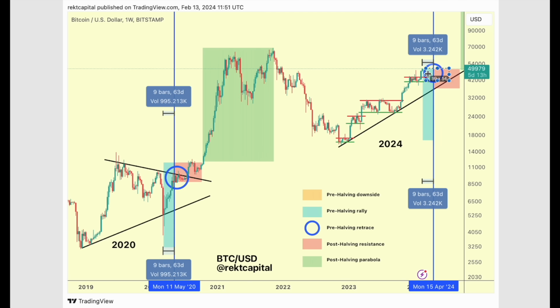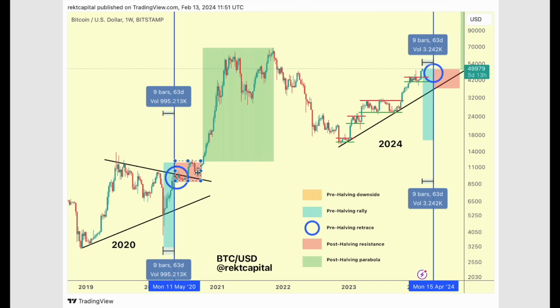But this volatility around the pre-halving retrace is a shakeout moment, much like it's a shakeout moment during the post-halving reaccumulation period, where it's going to be more focused on boredom, because when we see sideways price action in the post-halving reaccumulation period, it's a lot of sideways action that's boring.